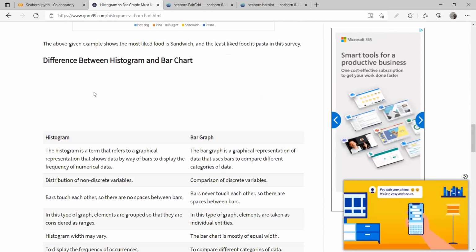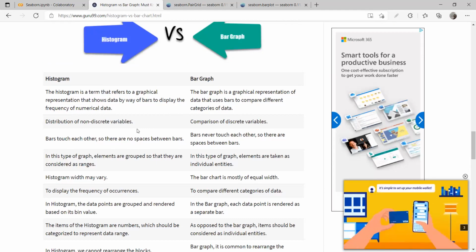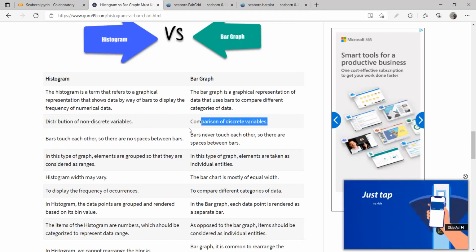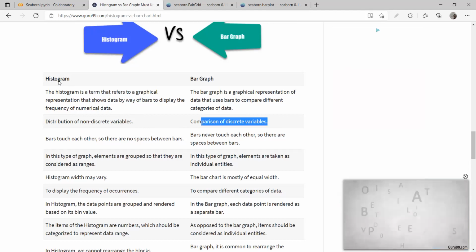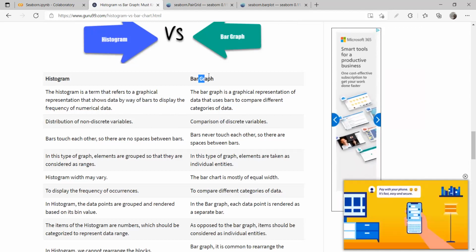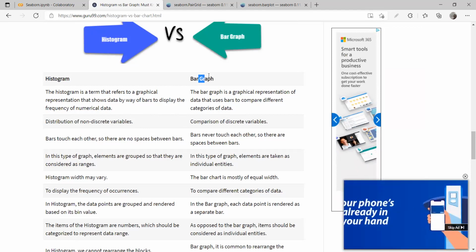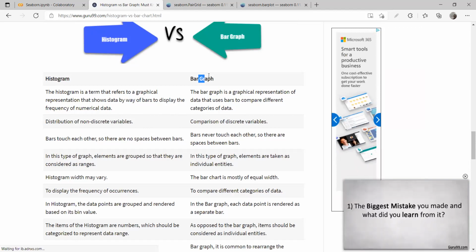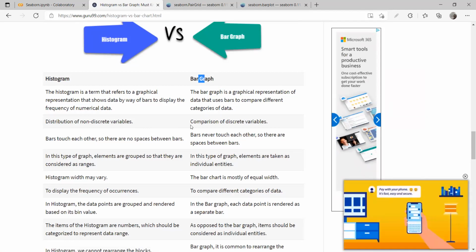What is the difference over here? A histogram displays the distribution of non-discrete variables, while a bar graph is for discrete variables. Meaning a histogram is for a continuous variable, and a bar graph is for a categorical variable. That's the only difference. If you want to plot a categorical variable, prefer a bar graph.